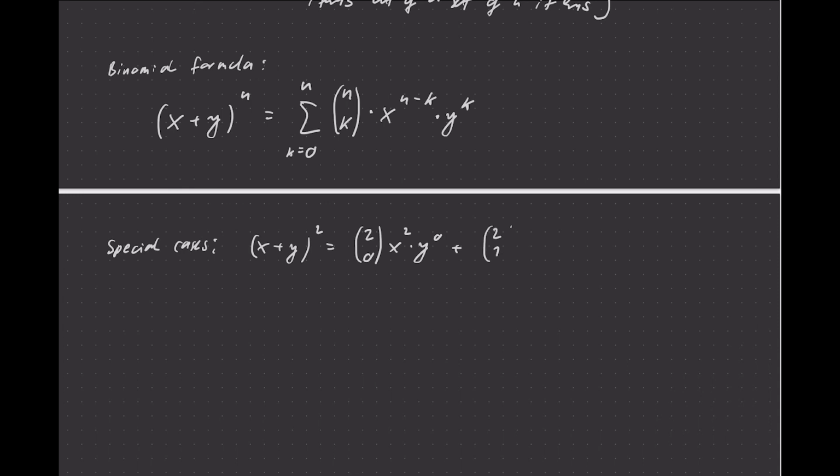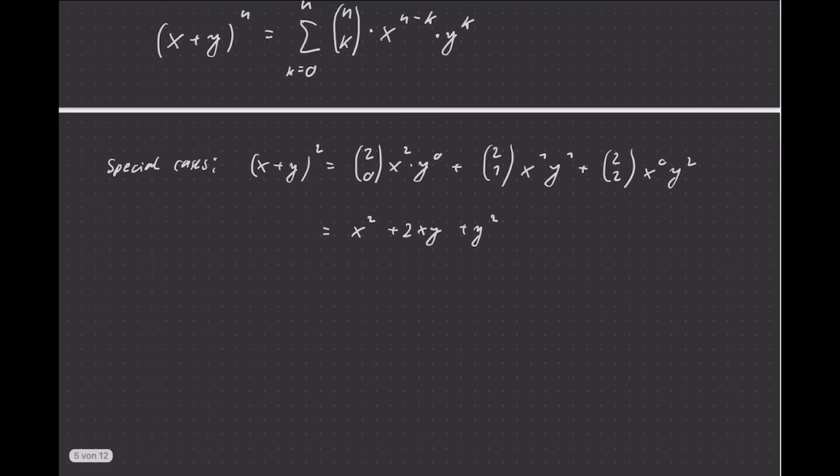Then we get 2 choose 1, x to the power of 1, y to the power of 1. And finally, if k is 2, we get 2 choose 2, x to the power of 0, y to the power of 2. Written more concisely, 2 choose 0 is 1, so this is just x squared. 2 choose 1 is 2, so this is 2xy, and 2 choose 2 is again 1, so this is y squared.